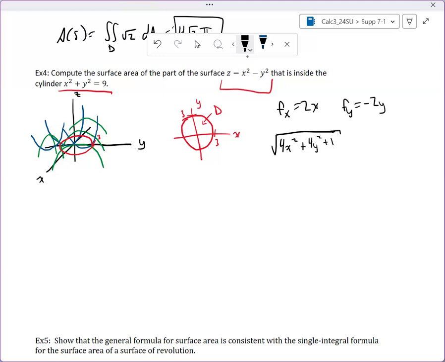As a side note, interestingly, the look and the behavior of something like this with a saddle point looks and feels very different from something like a paraboloid x squared plus y squared. But we actually see that the surface area is unaffected, right? If this was z equals x squared plus y squared instead, this minus 2y versus a plus 2y for df dy, the negative just gets squared off either way.